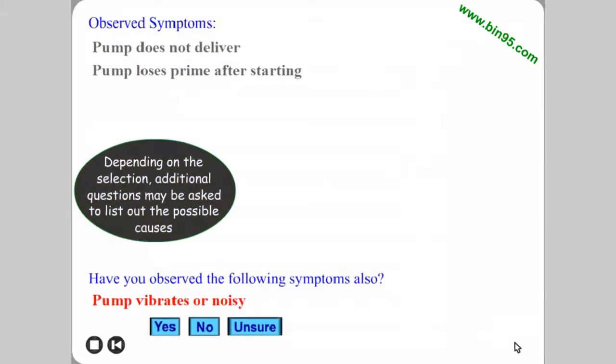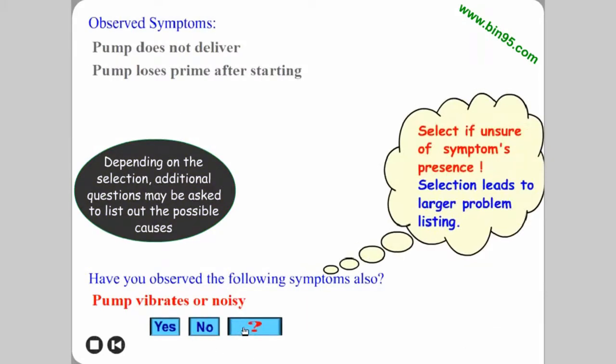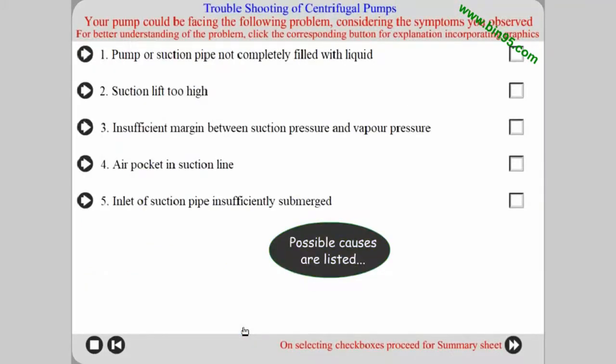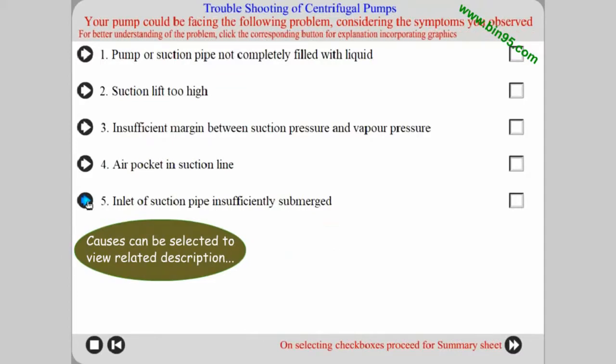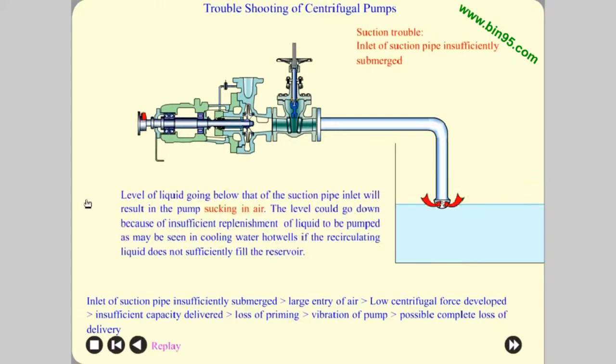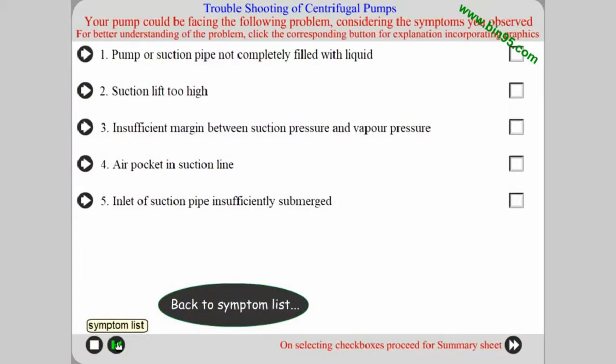Depending on the selection, additional questions may be asked to list out the possible causes. Selecting unsure. Possible causes are listed. Causes can be selected to view related description. Back to symptom list.